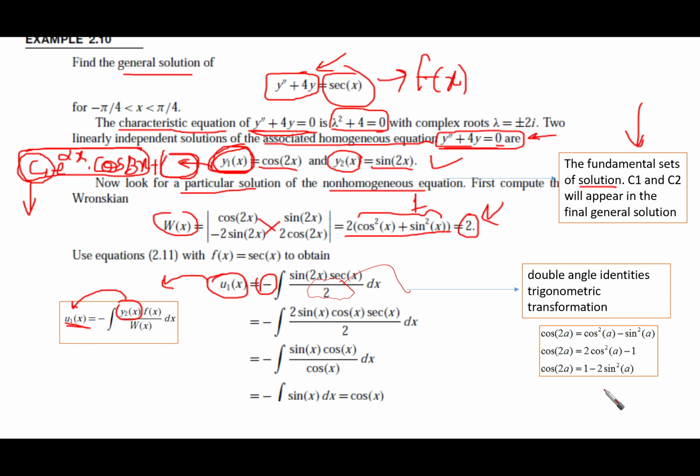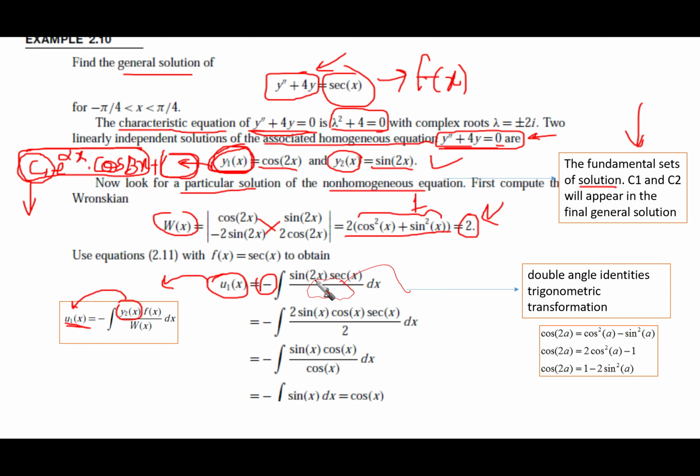One of them is cosine squared alpha minus sine squared alpha. Sorry, that is for the cosine. I didn't write it rightly here.